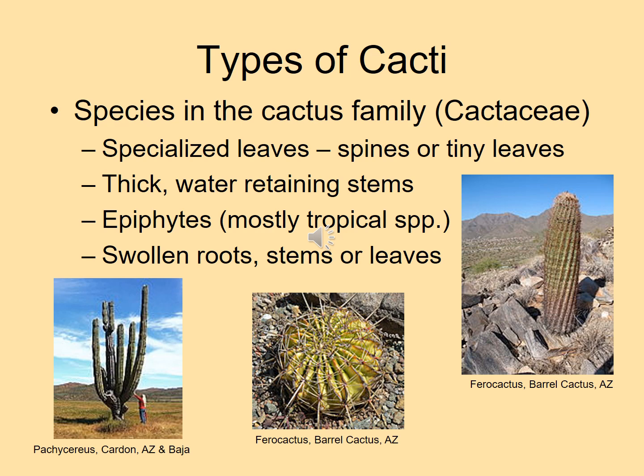What exactly are cacti and succulents? Well, cacti is a plant family called the Cactaceae, or you can just say cactus family. And you know what they are just by looking at them, pretty much. You may not know the difference between certain cacti and succulents, but it doesn't really matter.